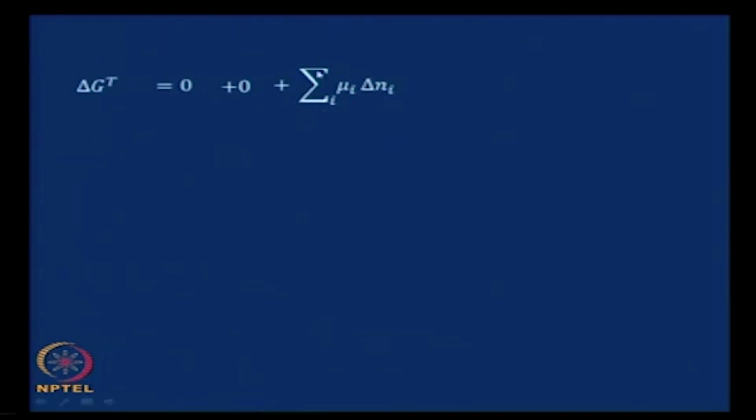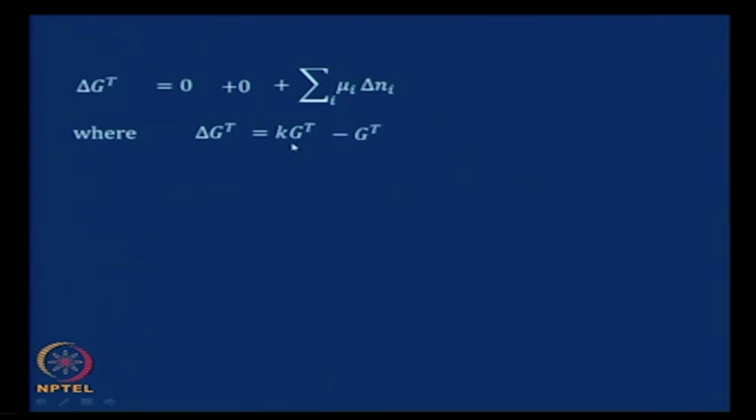Now if we do that, delta G_t, which is the integrated value, the difference between the values of the two states, say 1 and 2, equals, since we had taken it at constant temperature, the first term turns to 0, at constant pressure the second term goes to 0, and the third term is summation of mu_i delta n_i, where delta G_t equals k G_t minus G_t.